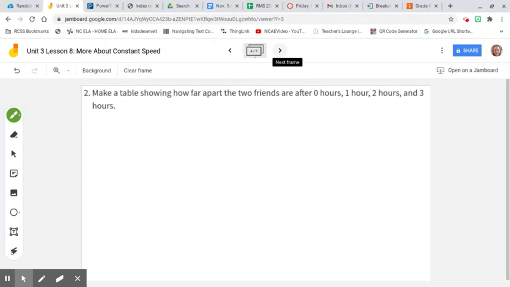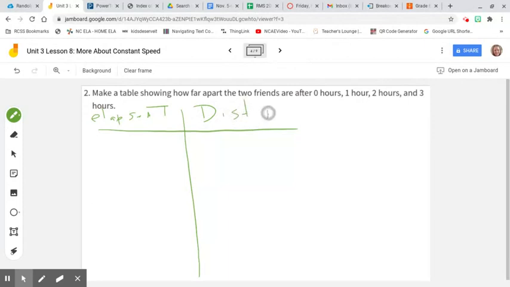Now, question 2 asks you to make a table showing how far apart the two friends are after 0 hours, 1 hour, 2 hours, and 3 hours. Okay, so we're going to create this table. And this is elapsed time, and this is distance apart.